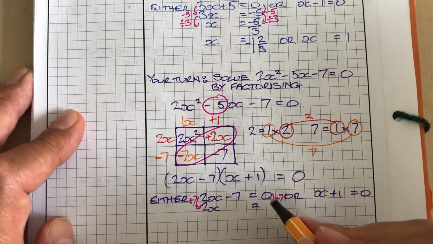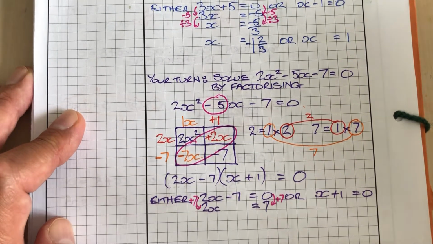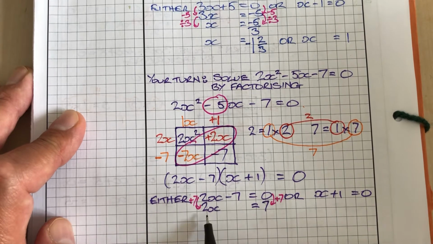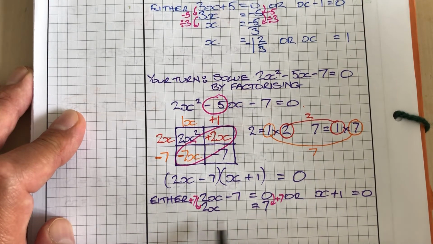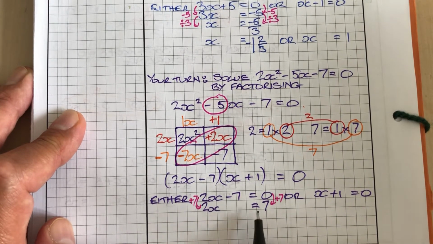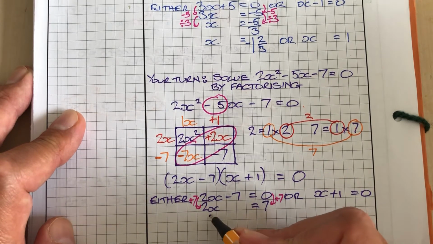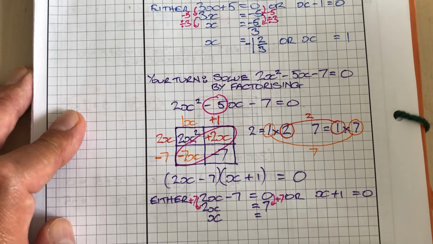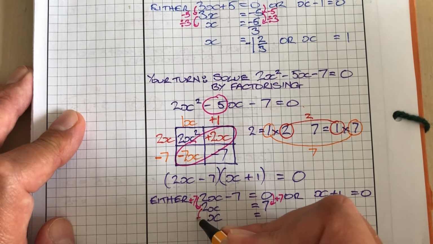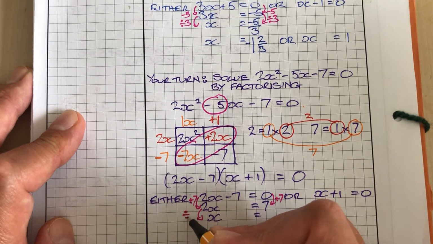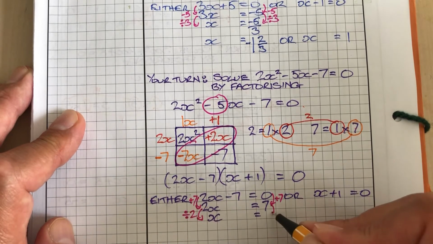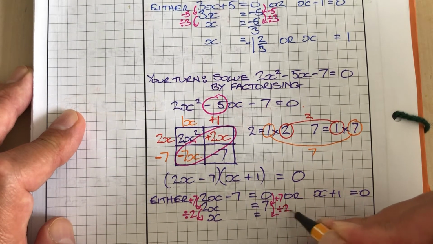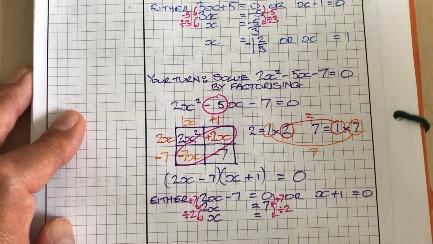So, add 7 on here, and I get 7. 2x equals 7. A number times 2 is 7. I don't want my number times by 2. Get rid of the times by 2. How? Well, the inverse of times by 2 is divide by 2. If you divide by 2 on one side, you divide by 2 on the other side.